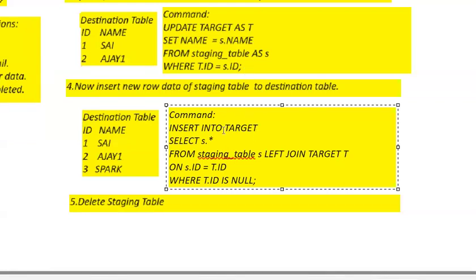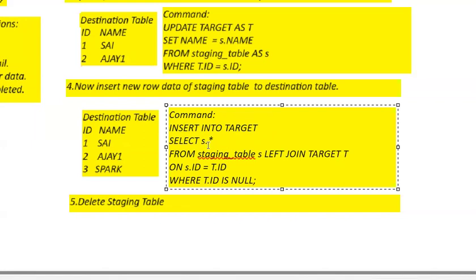Here, this first line, that is INSERT INTO target. This line specifies that you want to insert data into the target table. This second line, that is SELECT S.*. This line represents selecting all columns. Star represents select all columns from where?